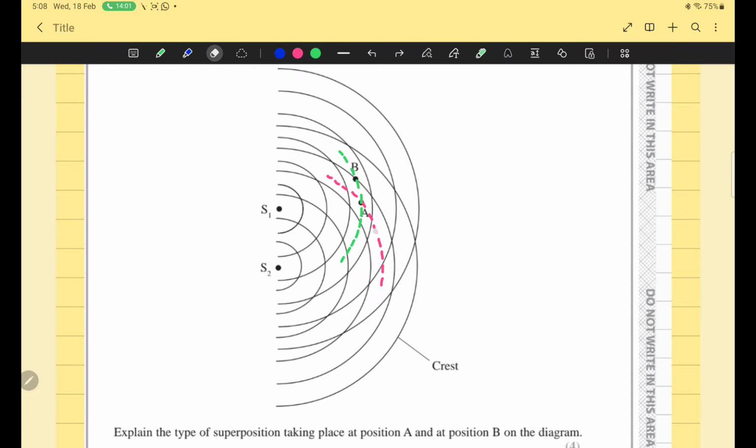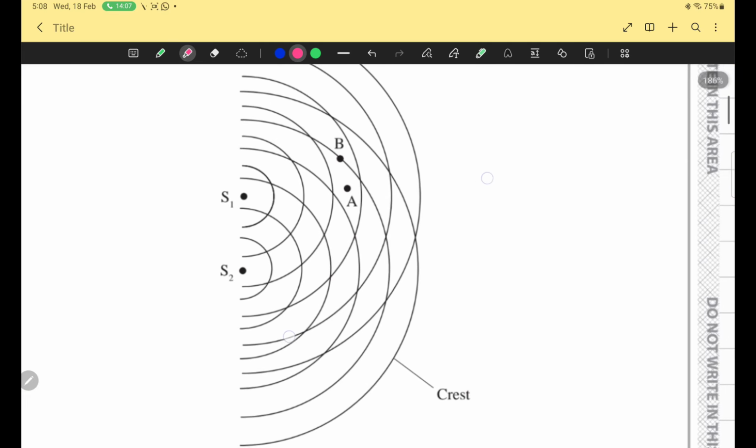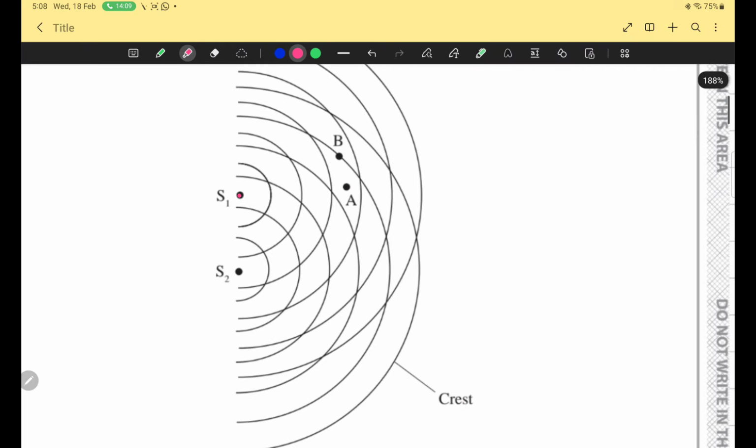Okay, number one. Number two, I try to explain this question in another way. The way is, if I start from here, then it is one wavelength, two wavelength, three wavelength, and this is 3.5 wavelength. This distance is 3.5 wavelength. Okay. And now I am drawing from here.